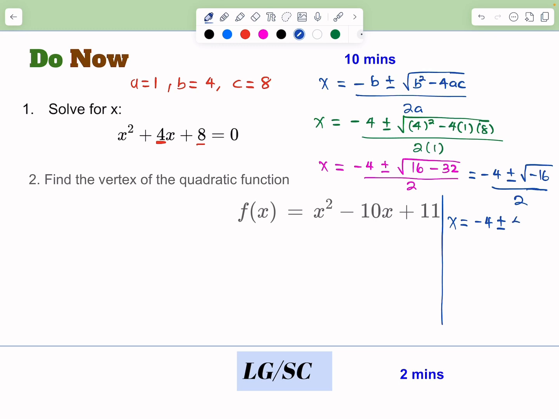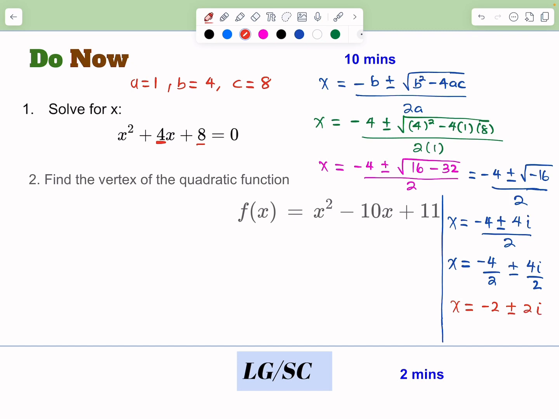So I have 4i divided by 2. The next thing I'm going to do is divide each term of the numerator by 2. So negative 4 divided by 2 plus or minus 4i divided by 2. If I divide this by 2, my answer will be x is equal to negative 2 plus or minus 2i.